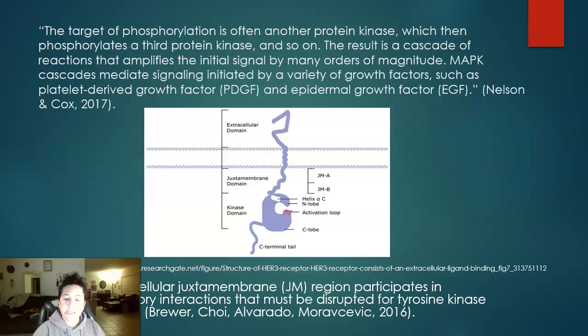And that tyrosine kinase domain does include an activation loop whose orientation and phosphorylation determines the active or inactive state of the kinase domain.